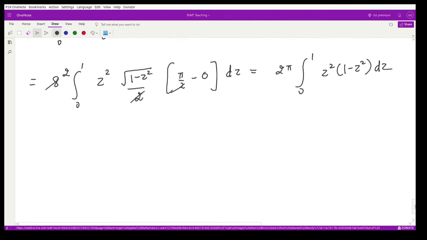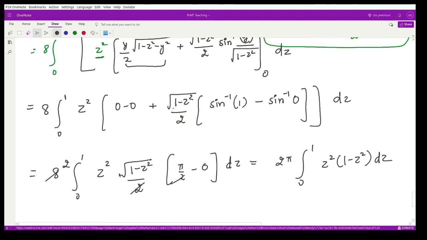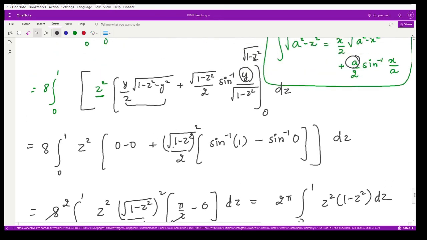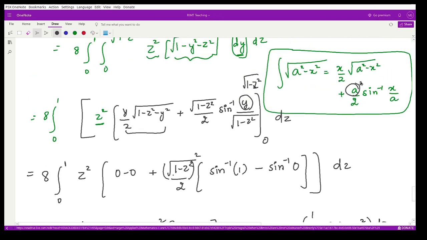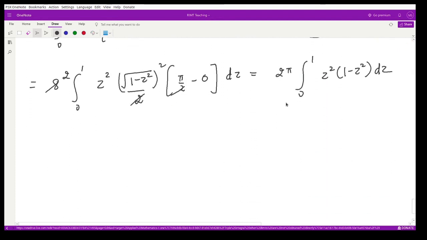Now its integration is very simple. What would be this integration? I'm sorry, here we have the square of this quantity. Why? Because in the formula it is equal to a square here. Okay, so we have this quantity.